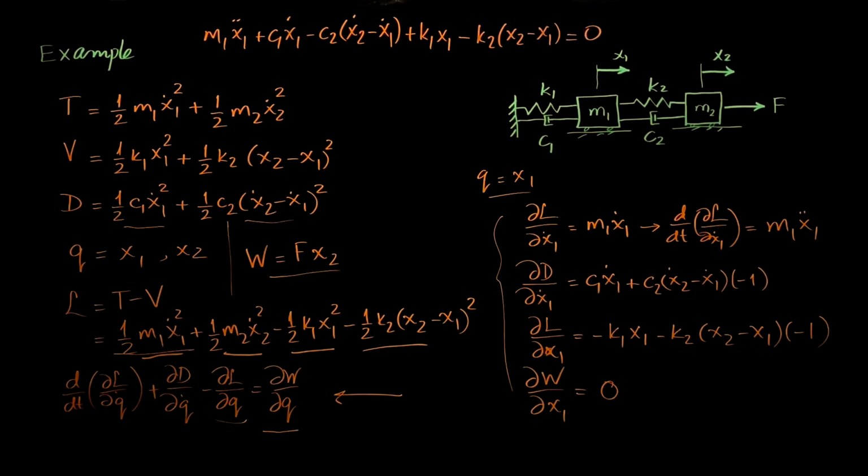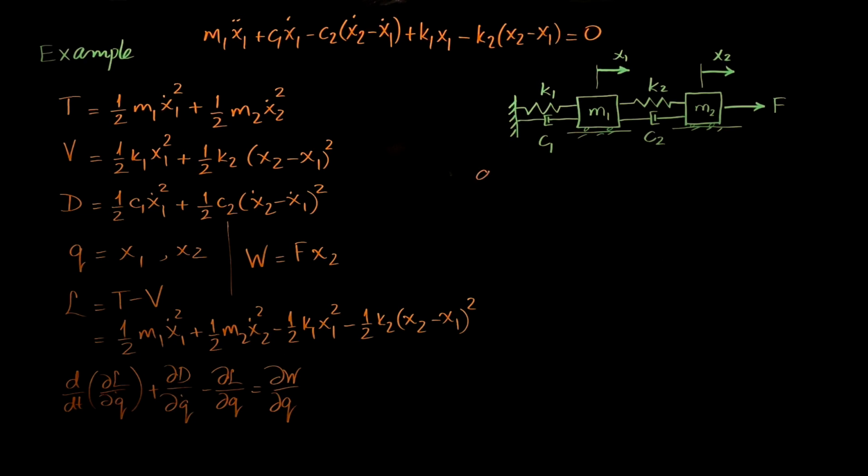And this is equation of motion 1. If you expand, you will end up with the same equation of motion as with the one we got with the Newtonian approach. Now for q equals x2, repeat the same thing.